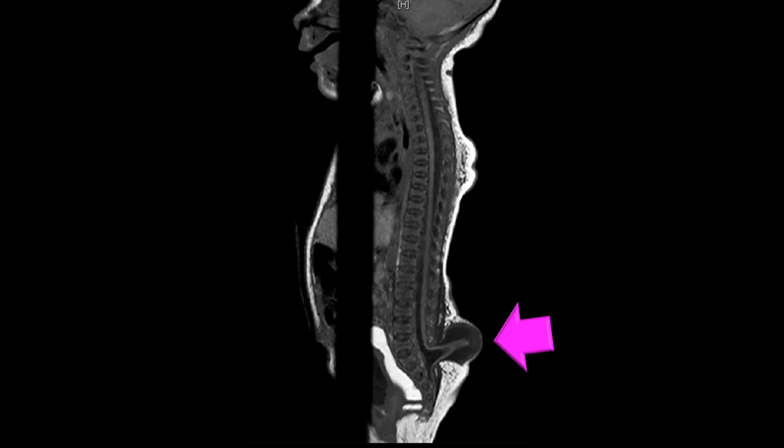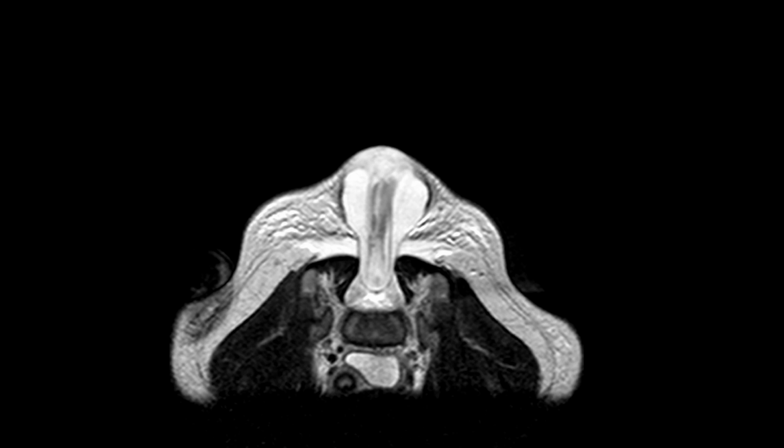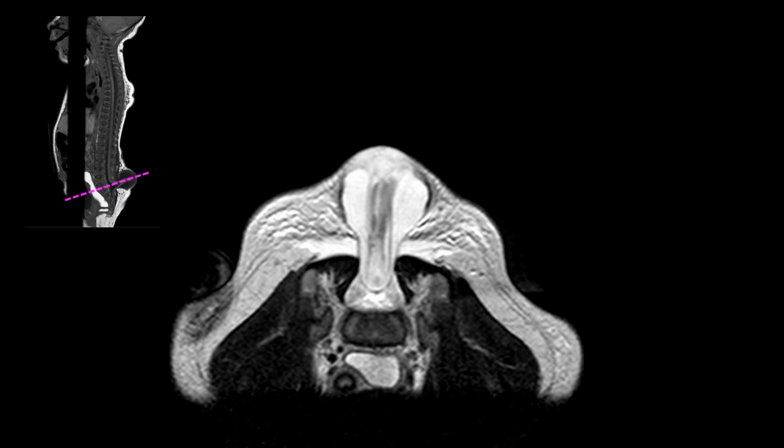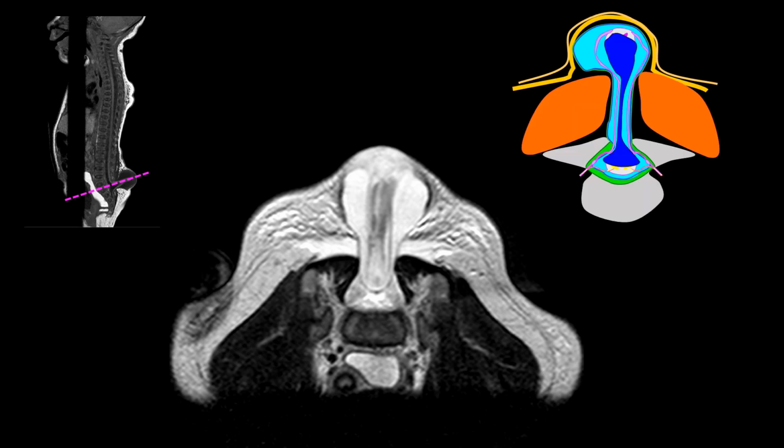This is a sagittal MRI where you can see the bulge and the displaced spinal cord. This is a transverse cut of the same patient going through the lesion, as you can see. In this frame, I have added the figure. Here you can see a segment of the spinal cord as illustrated here.